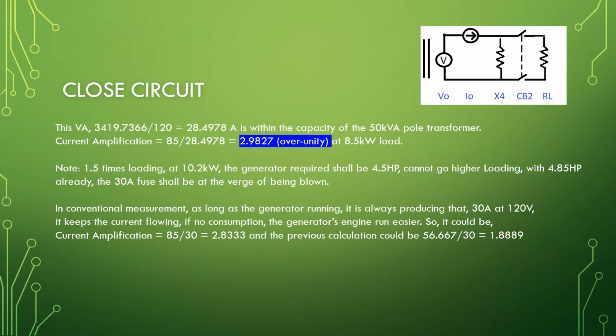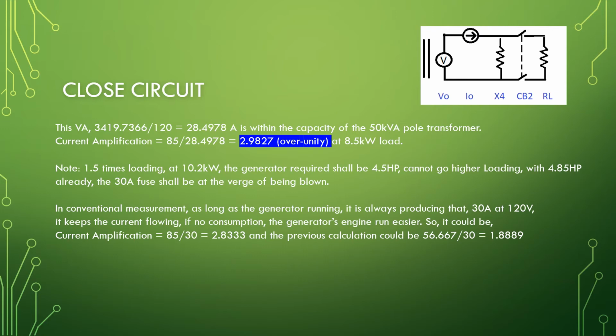Current amplification equal to 85 divided by 28.4978 equal to 2.9827 over unity at 8.5 kilowatt load.